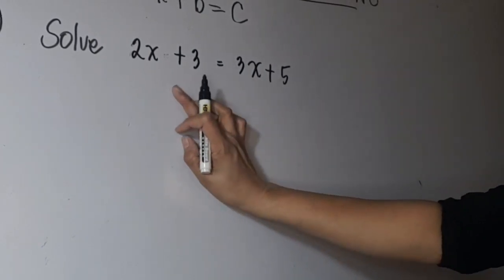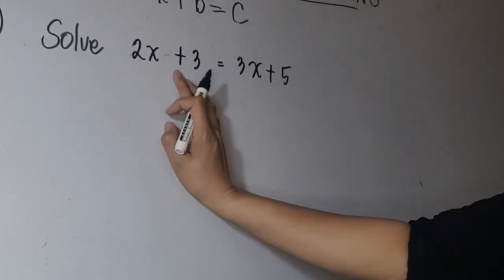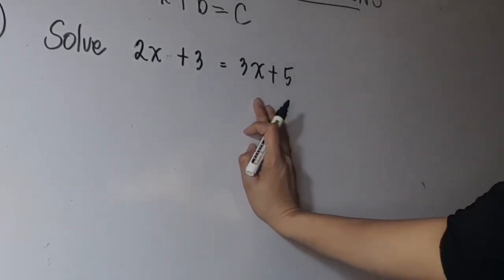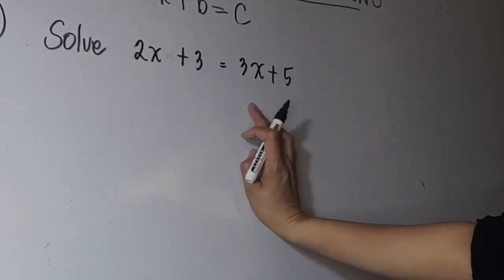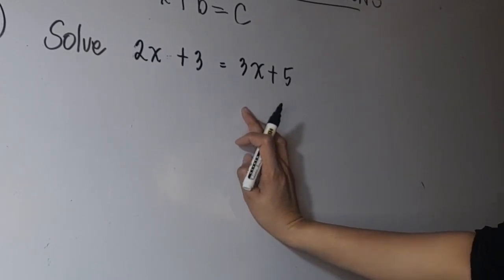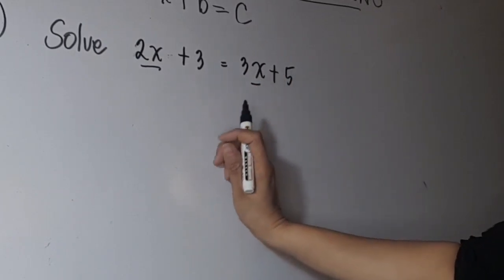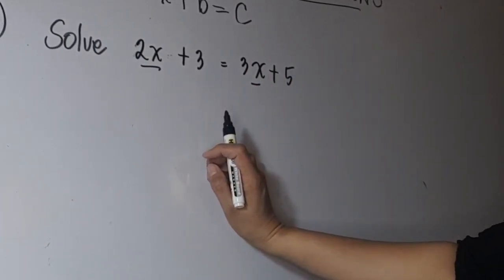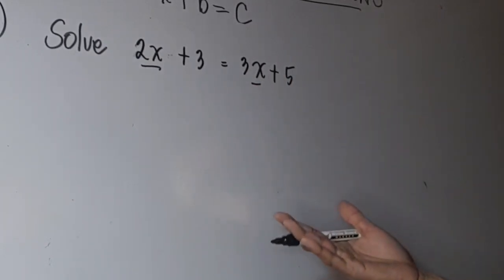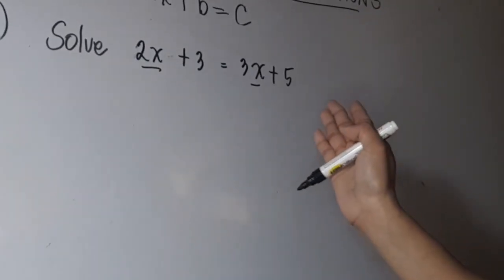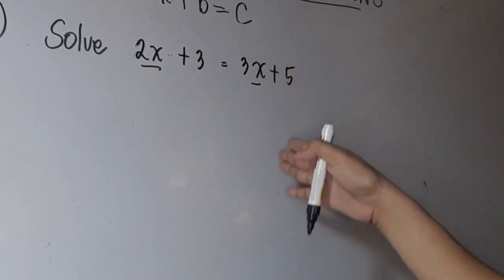Now we have 2x plus 3 equals 3x plus 5. Some equations like this have variables on both sides. To solve such an equation, you are going to collect the variables on the same side.